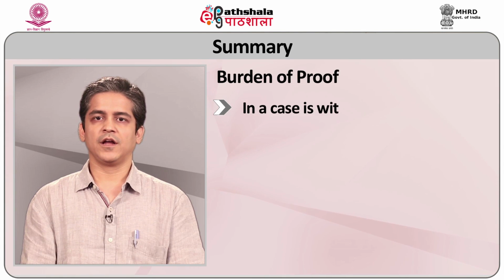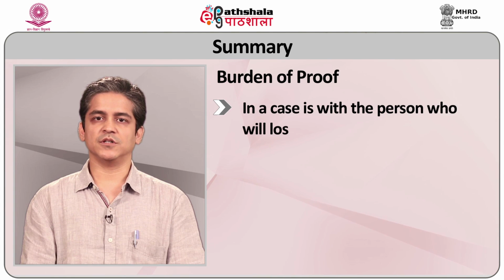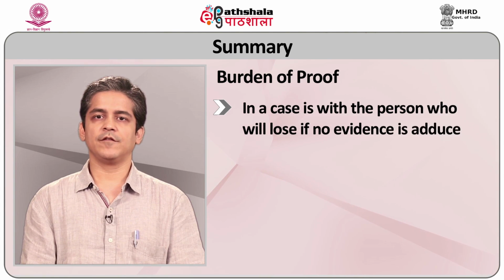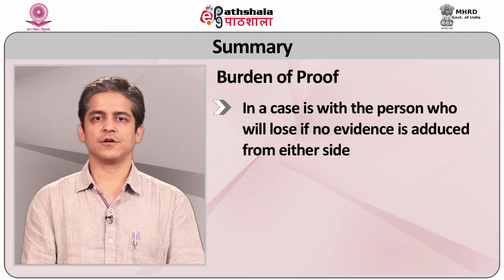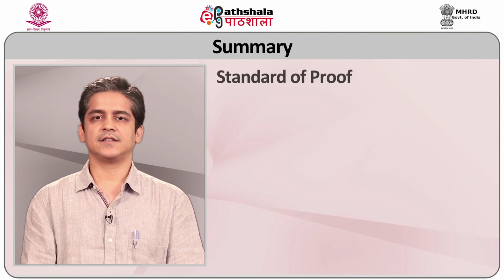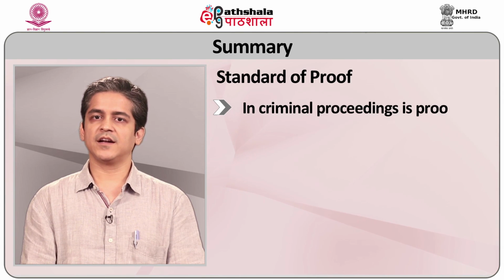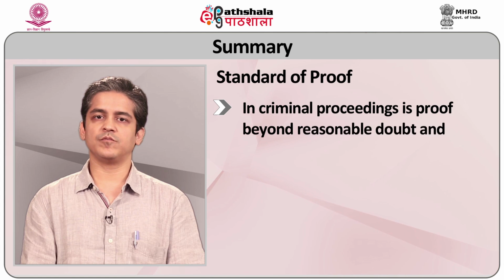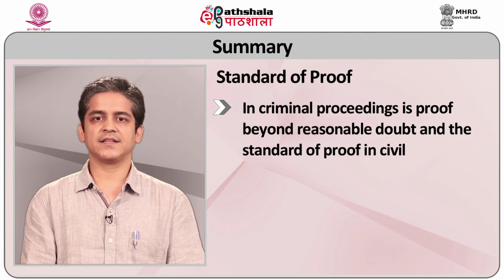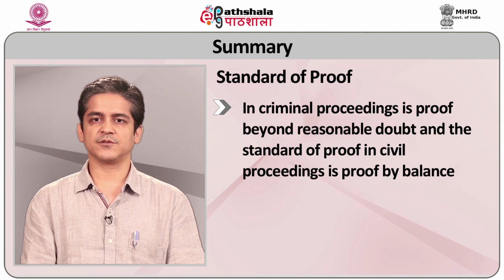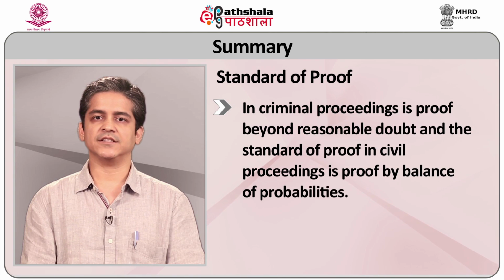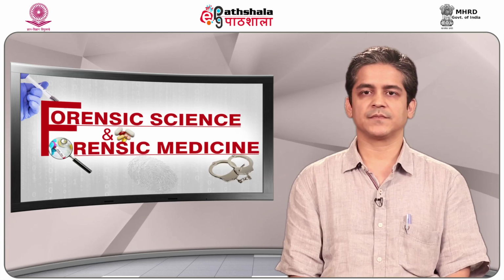Burden of proof in a case is with the person who will lose if no evidence is adduced from either side. The standard of proof in criminal proceedings is proof beyond reasonable doubt, and the standard of proof in civil proceedings is proof by a balance of probability.